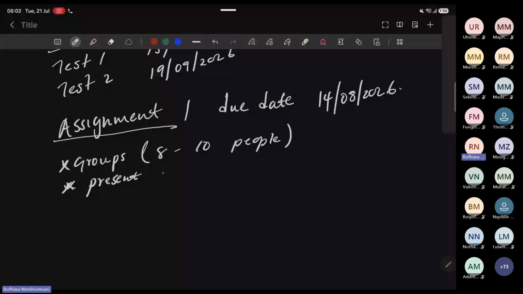So we'll say on the 14th, you have the whole day. Then we will allocate time for each group, and then we just tell you group 1 to group 4 come between this time and this time, but we'll do that when the time comes.